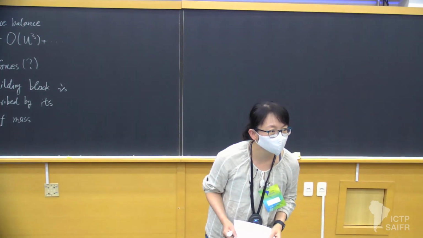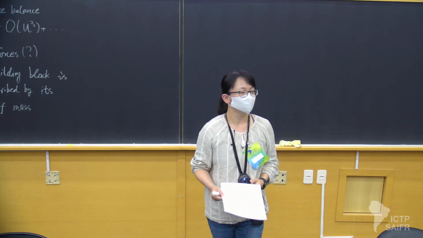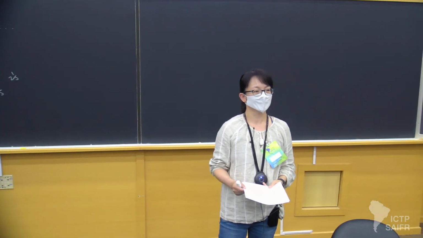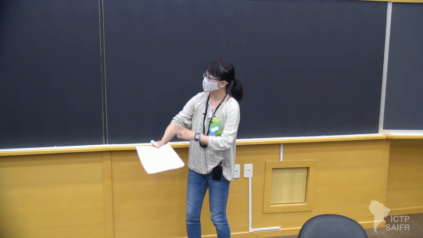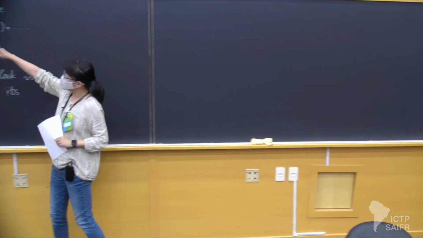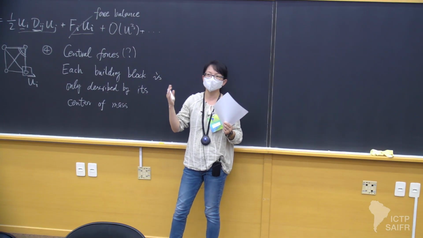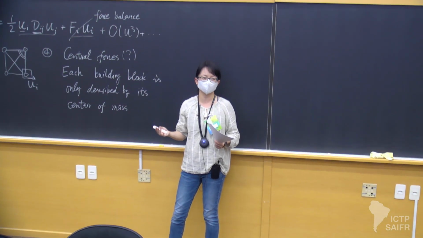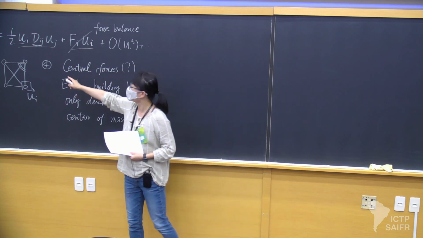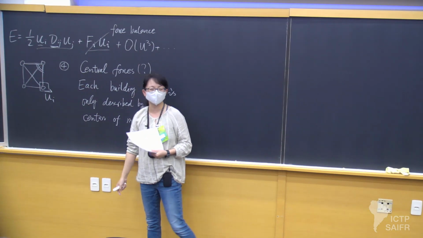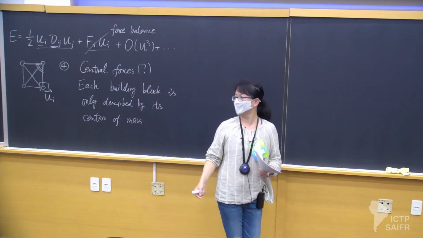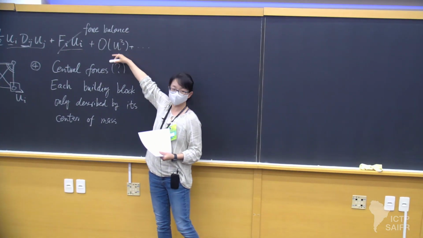We are considering infinitesimal displacement. Infinitesimal displacement. So yes, can you imagine if the displacements are not infinitesimal, what would go wrong by writing it into that form? Yeah, you will need to include higher order terms.